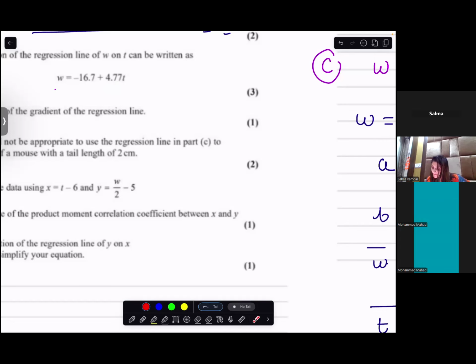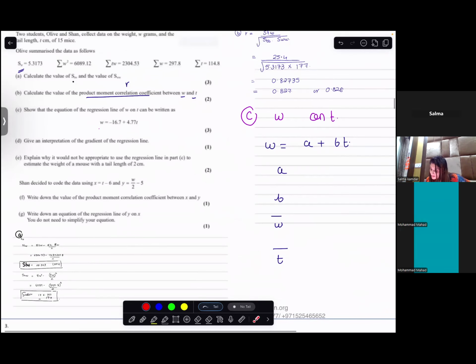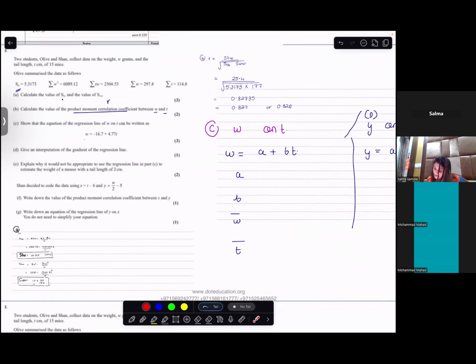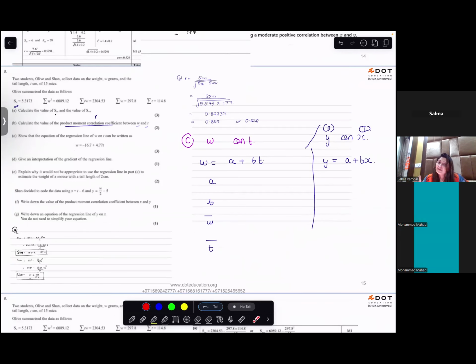We want to show the regression line W on T can be written like this, so I have to find A and B. We have learned this in the form of Y on X. So our Y is W and X is T.